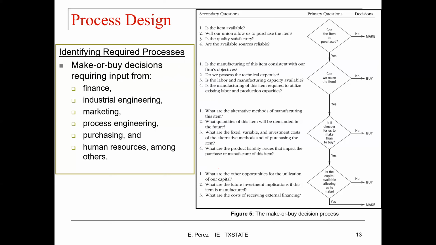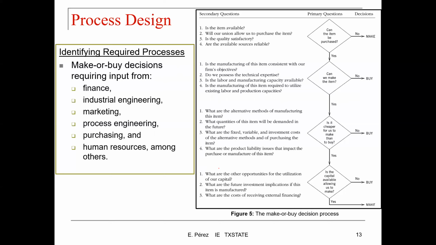Finance can tell you what's more efficient in terms of cost, industrial engineering in terms of scheduling, and in terms of how reliable the suppliers are in producing quality components, and so on. Marketing, process engineering, purchasing, and so on. Human resources is very important: do you have the staff available and the expertise to produce that type of product?